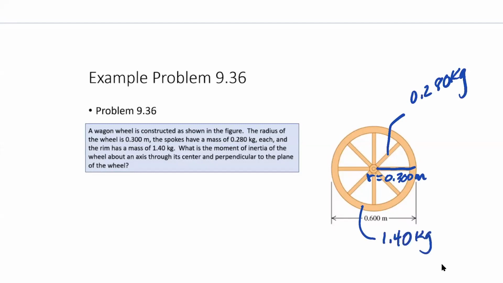What is the moment of inertia of the wheel about the axis of rotation, which is through the center and perpendicular to the plane of the wheel? So our axis of rotation is right here in the center, and it's coming out or poking into the page or the plane of the wheel.